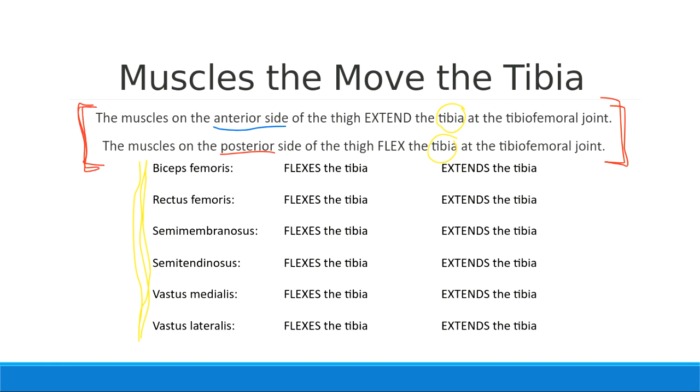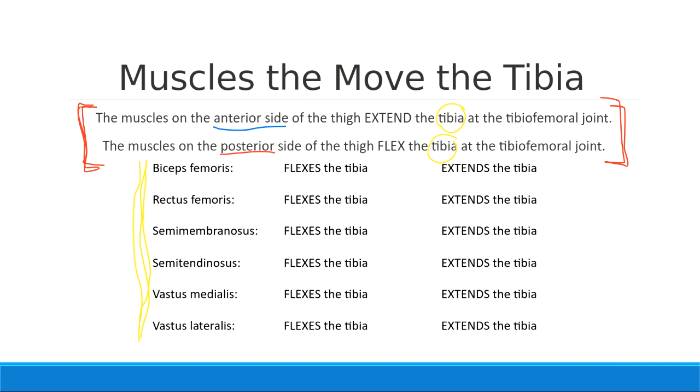These movements are opposite of what they did with the femur. Let me explain what I mean by that here.